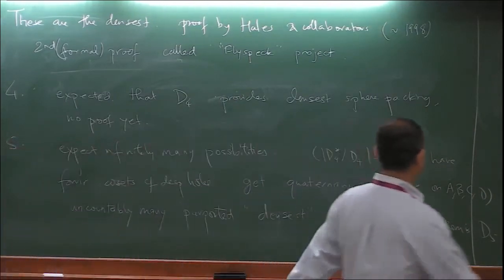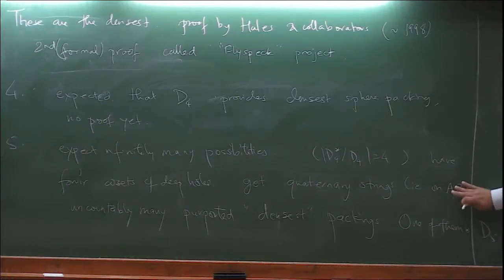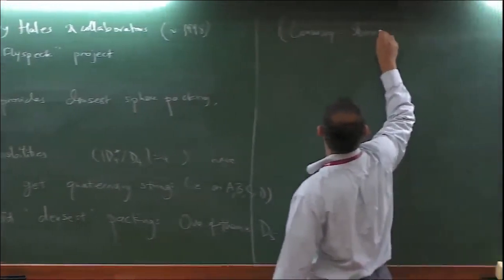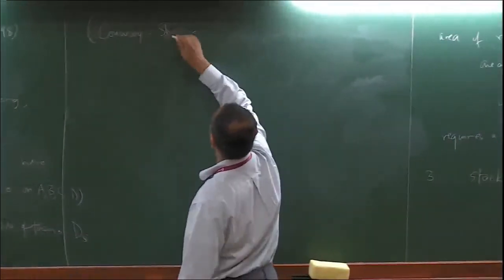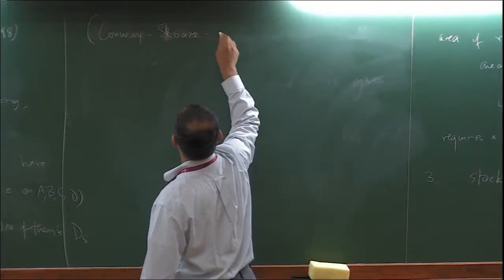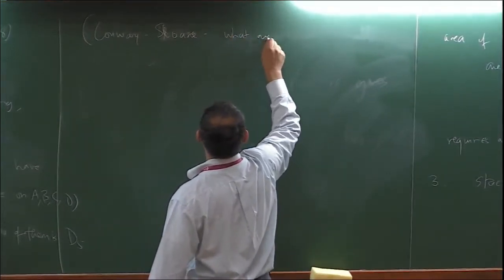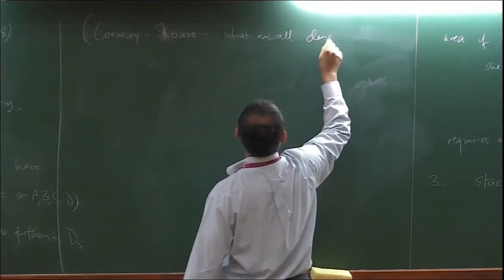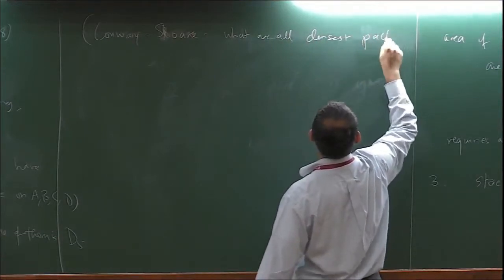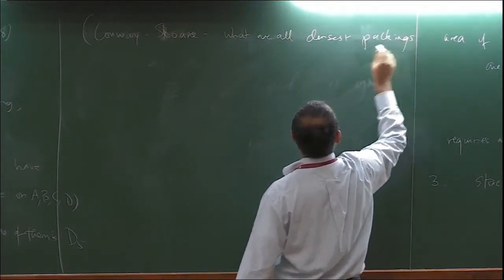And let me just say where I'm coming from. This is based on a paper of Conway and Sloane, which is called What Are All the Densest Packings in Low Dimension.